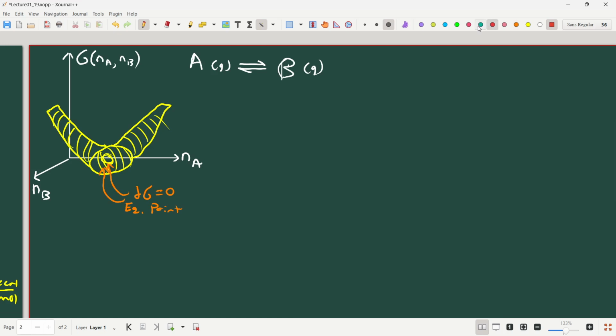And the idea is that we can pick any point along this curve. Let's pick this point, G of A1, B1.